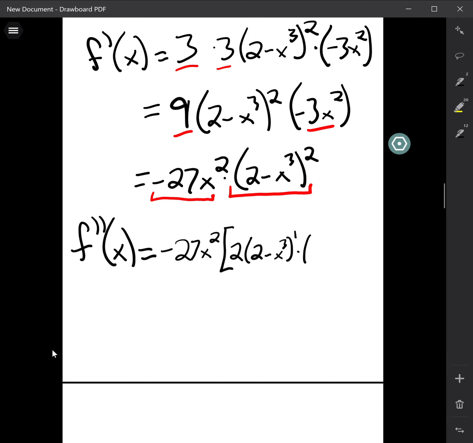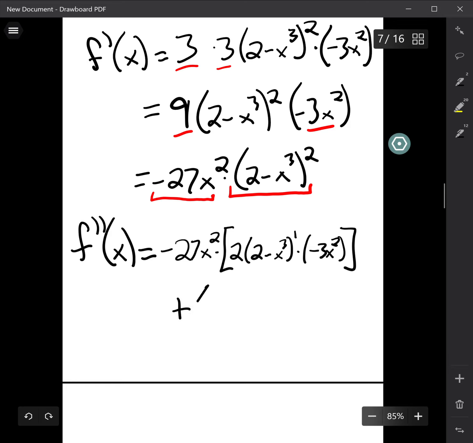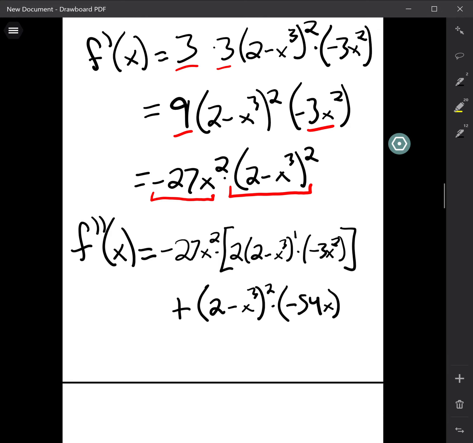The derivative of negative x cubed will be minus 3x squared. So first, d second. Now we'll be adding on plus second, 2 minus x cubed squared, times d first. The derivative of first will be negative 54x. So we got first d second plus second d first. And it just so happened that d second required a chain rule.